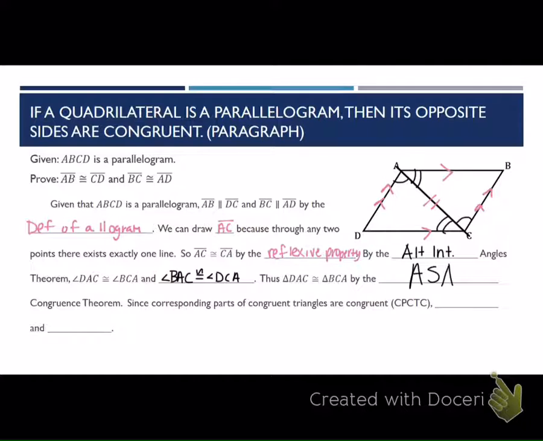Angle side angle congruence theorem. Since corresponding parts of congruent triangles are congruent, CPCTC, can we put our proof statements there? AB is congruent to CD, and BC is congruent to AD.